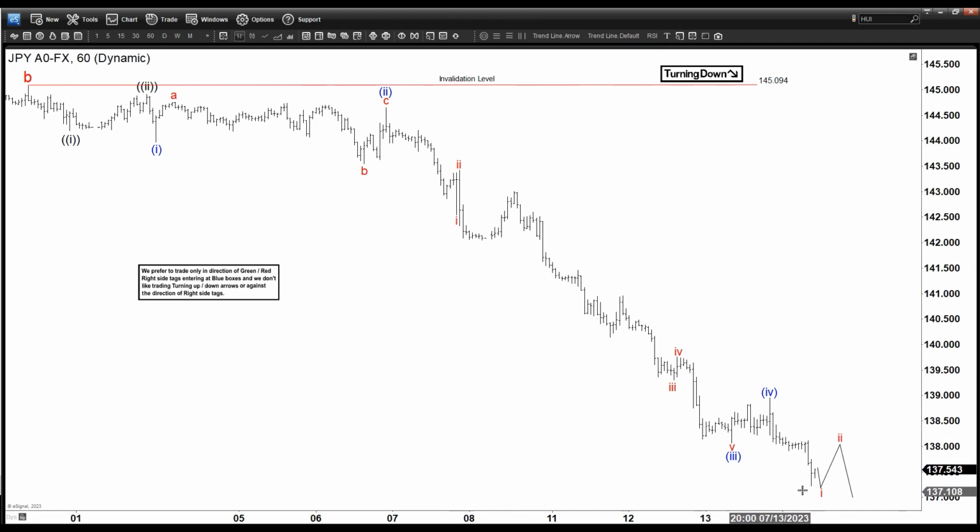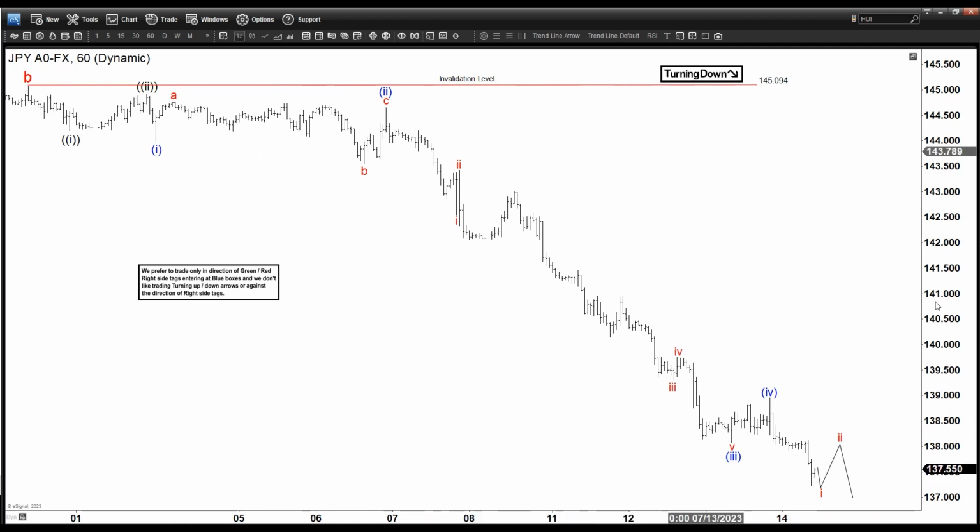But of course, you shouldn't try to pick the lows and then try to buy it either, because it's a 5 waves down. So the idea here is very simple actually. Because of the pattern here and the structure is impulsive to the downside, this should favor more downside. But then the move lower will not happen in a straight line. So at some point it will be doing a bigger rally, a bigger correction in 3 waves.